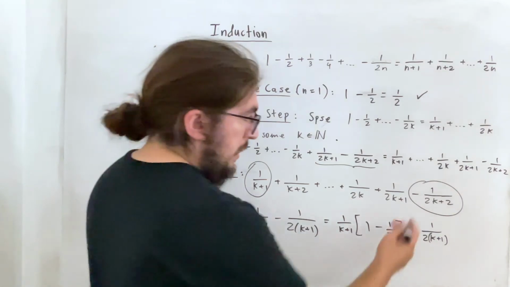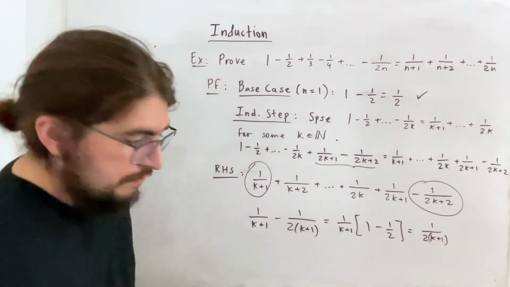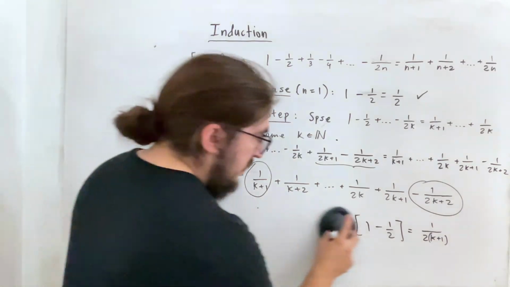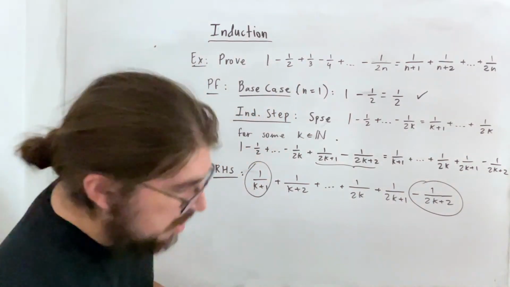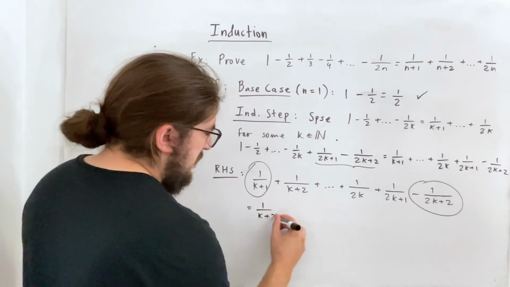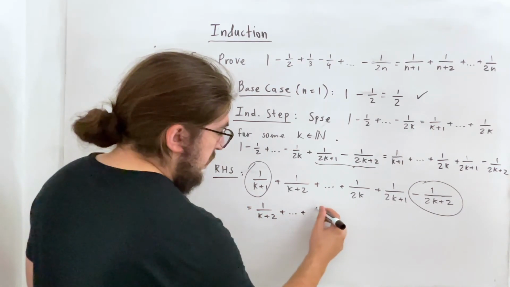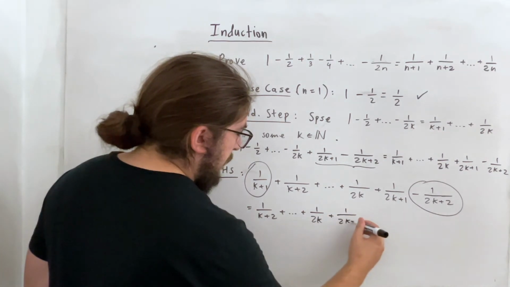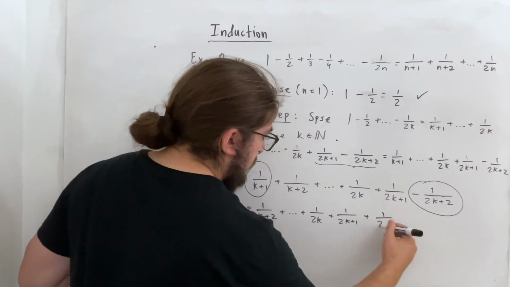And after distributing, we get positive this. So let me now erase this little bit of scratch work here. But what we've shown is what I've circled here, both actually combine to be what we need for the last term: a positive 1 over 2k plus 2.